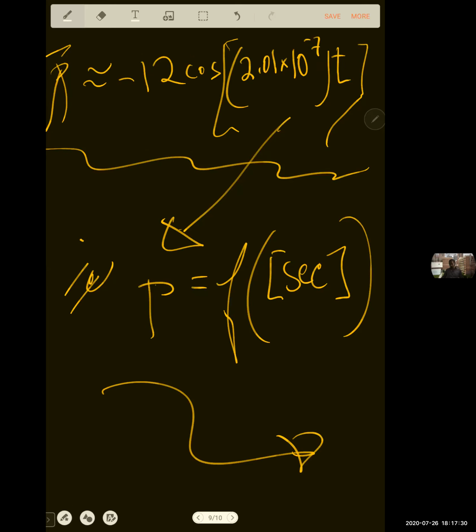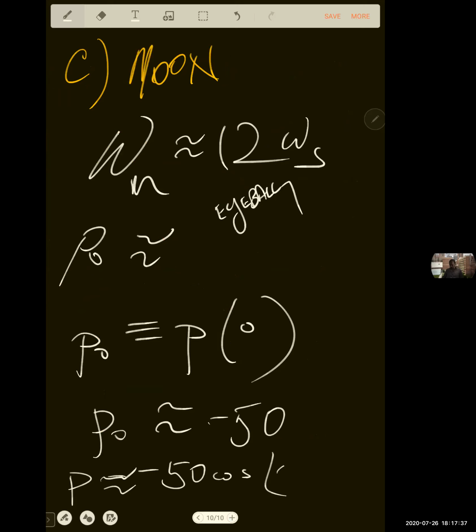The old frequency was like 2.0 times 10 to the -7. So we want like 24.02 times 10 to the -7, which means 2.4 times 10 to the -6 T. And we're saying phi.